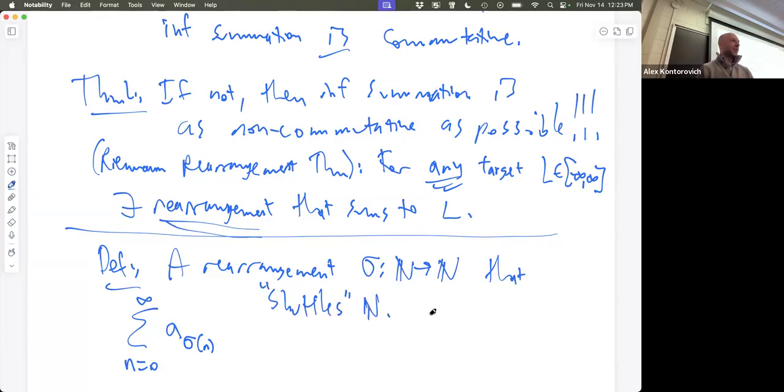It has to have two properties. It hits every number, it doesn't miss anything, and it never repeats a number.